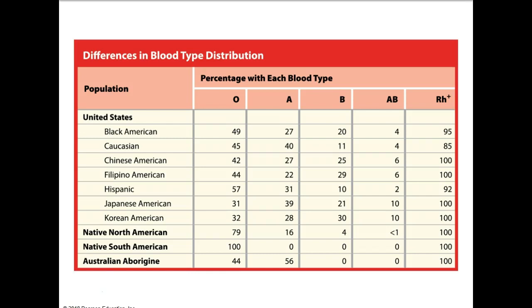And for the most part, as you can see on here, we generally see the O type as being the greatest proportion, except in Japanese Americans, and also Australian Aborigine. Those are the exceptions. And Korean? Well, no, that one's still 32.